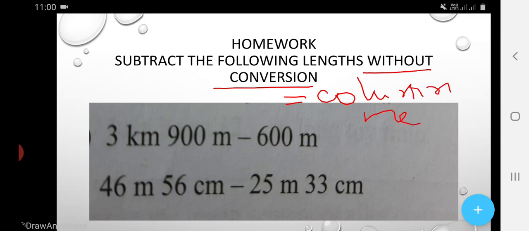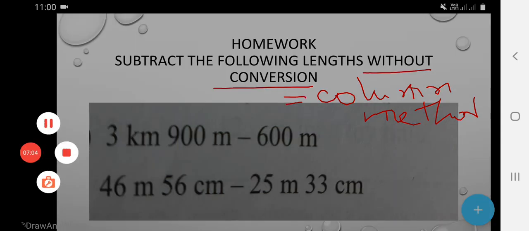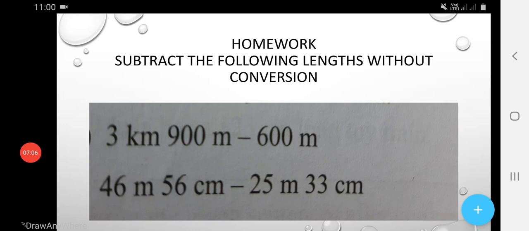If I say you have to subtract the following lengths with conversion, then you have to convert the length into a single unit and then perform the subtraction. So when this type of problem comes in the examination, kindly notice what is written.